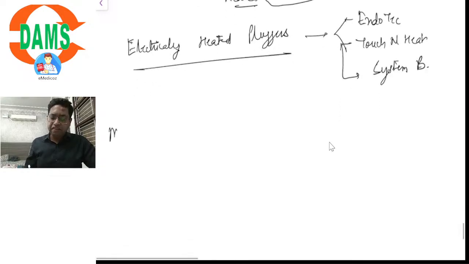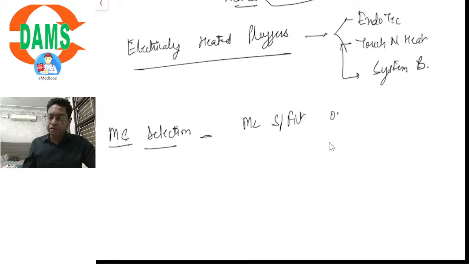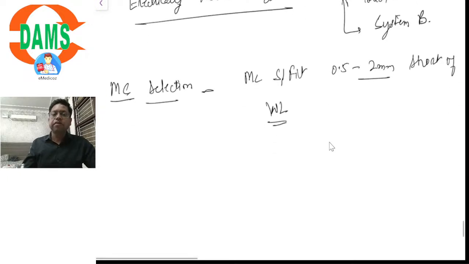Whenever we have to do master cone selection, the important point to remember is that the master cone should fit 0.5 to 2 millimeters short of working length. It is short of working length and not up to the working length, unlike in the previous method, that is cold lateral compaction.